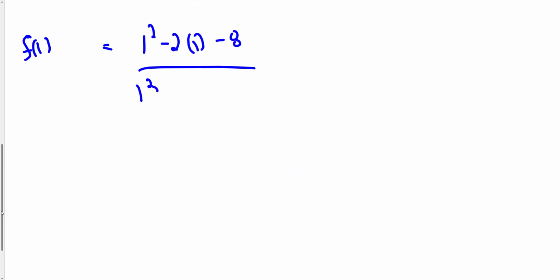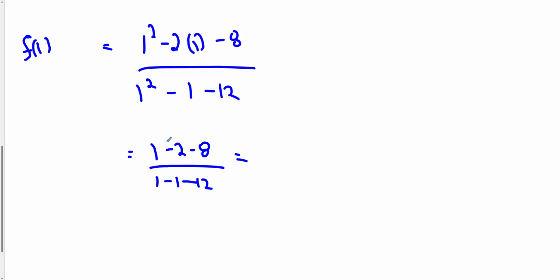Oops. So that's 1 minus 2 minus 8 over 1 minus 1 minus 12. The top is 1 minus 10, that's -9. And 1 minus 1 is nothing, so the bottom is -12.